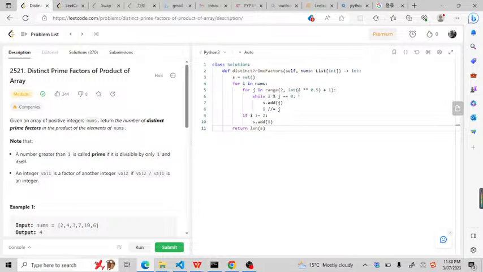For example, if i equals 4, the square root of 4 is 2, and 2 plus 1 is 3, so z is 2. 4 divided by 2, we put a 2 inside.